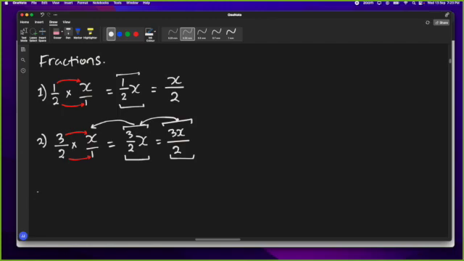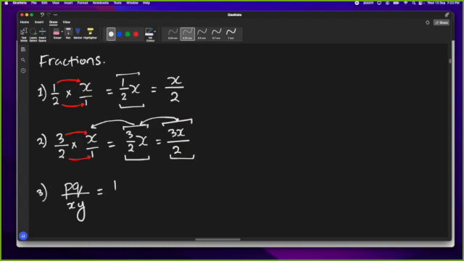So, the third example, if I see something like this, PQ all over XY, this is a multiply. The numerator and the denominator are multiplied, right? So this could mean many, many things.